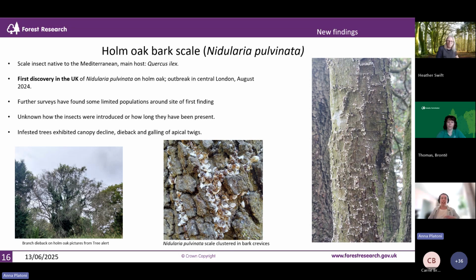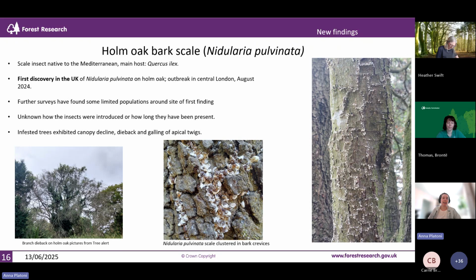So rather than a foliar pest, this lives on the bark of Holm oak. It's a scale insect that's native to the Mediterranean, and its main host is Quercus ilex, but it can also infest other evergreen oaks.